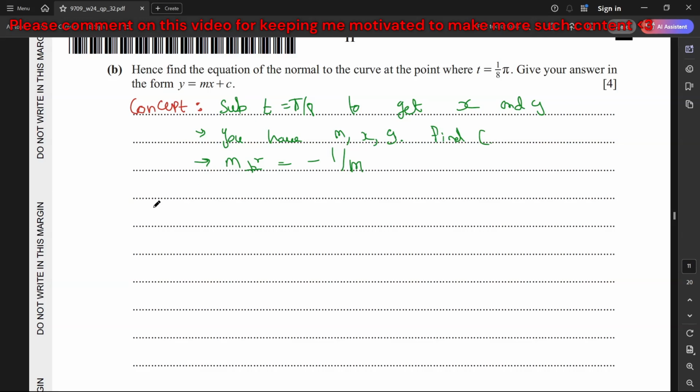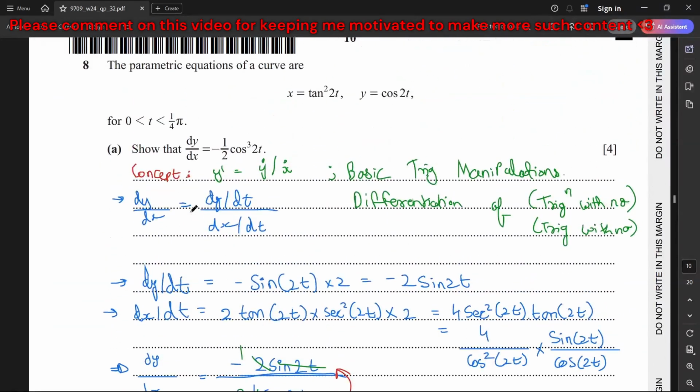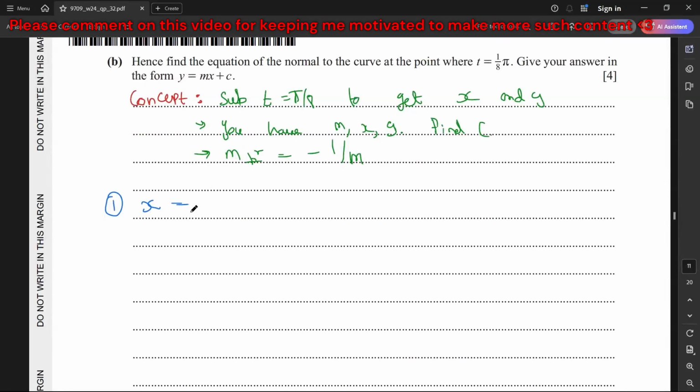First of all, I'll need to find my x value when t is pi by 8. So x was tan square 2t. So tan square of 2 into pi by 8 will be pi by 4, and tan of pi by 4 is 1. So tan square of pi by 4 will become 1 squared, which is equal to 1.